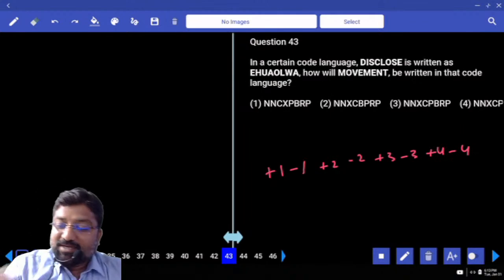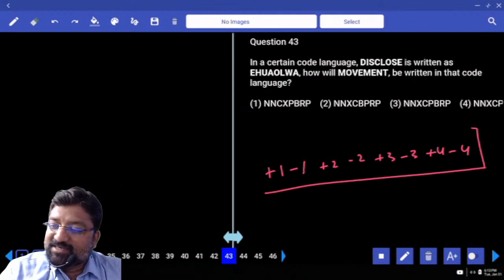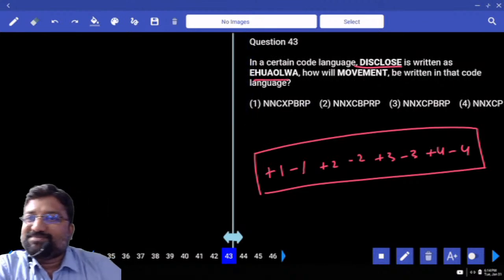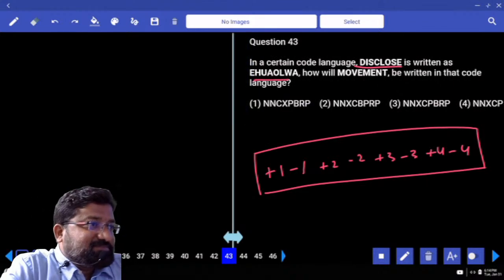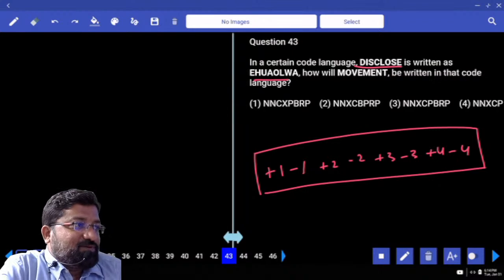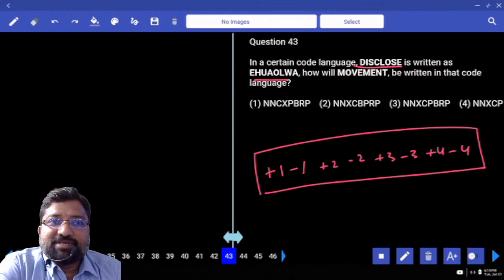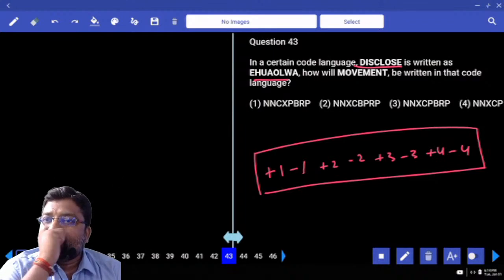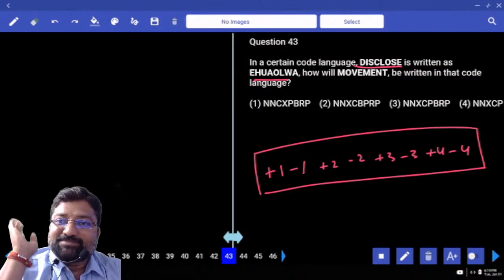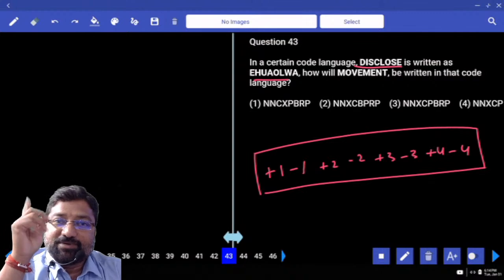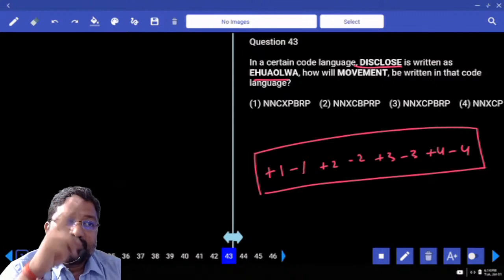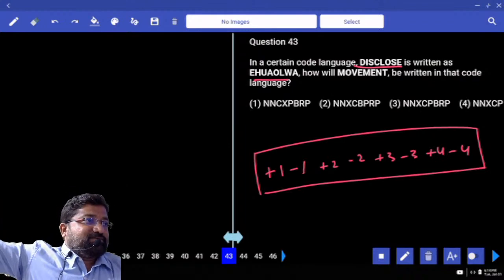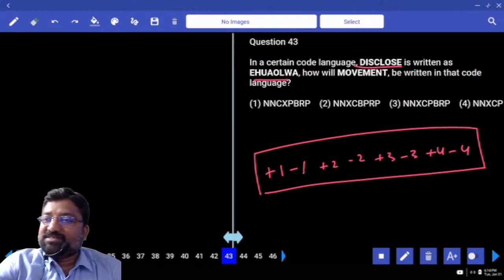If the logic is consistent and neat, as soon as you see it you understand what's going on, and they'll give us only one word and one code. If something is going on there, they'll give us 2 words, 2 codes, and then ask us the question.